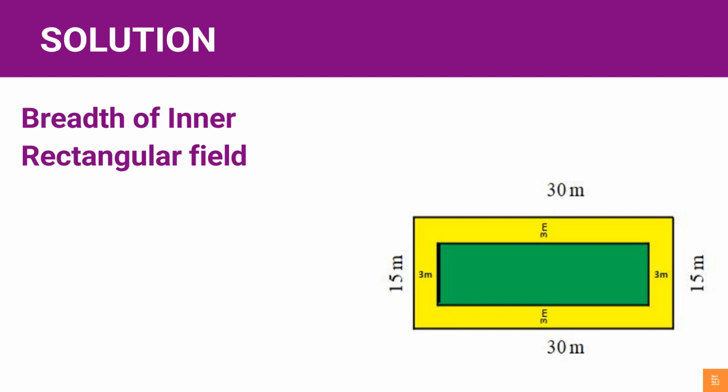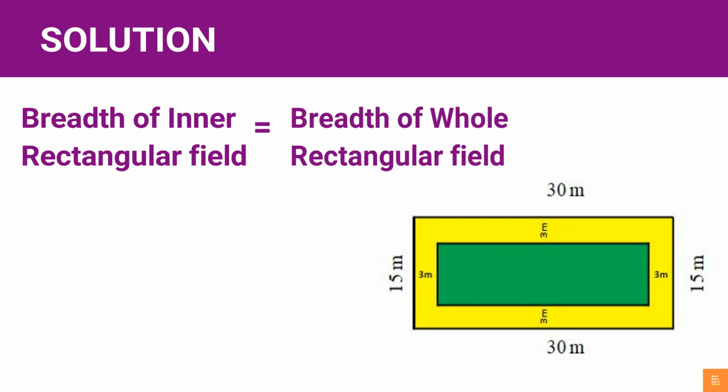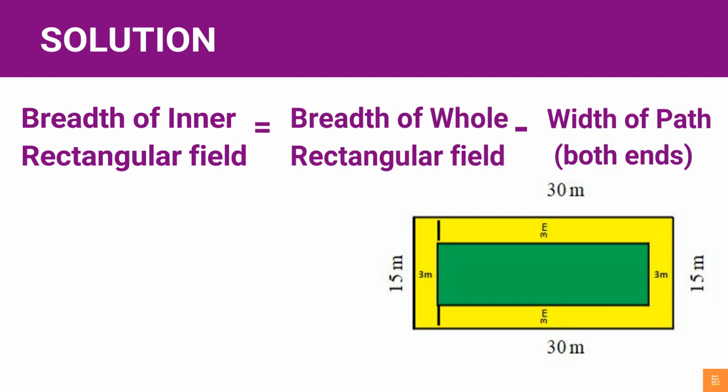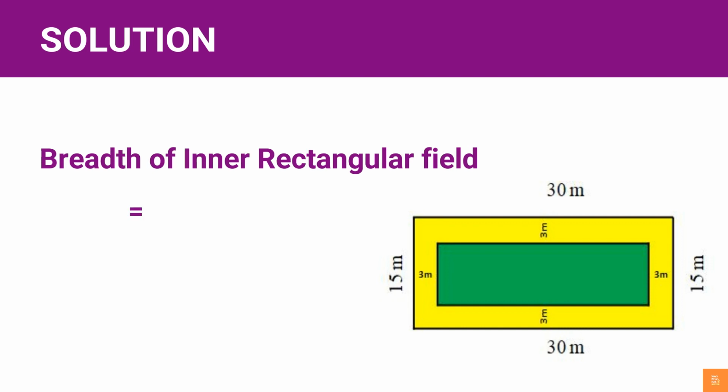Breadth of the inner rectangular green field equals breadth of whole field minus width of path both ends equals 15 minus (3 plus 3) equals 15 minus 6 equals 9 meter.